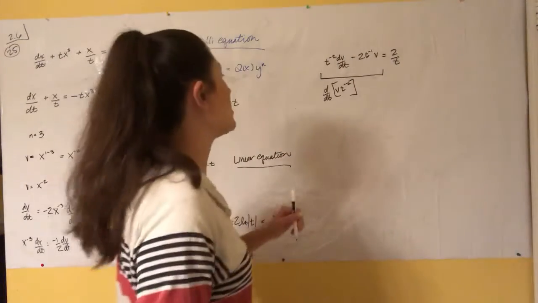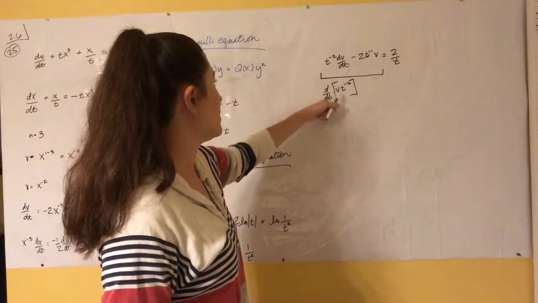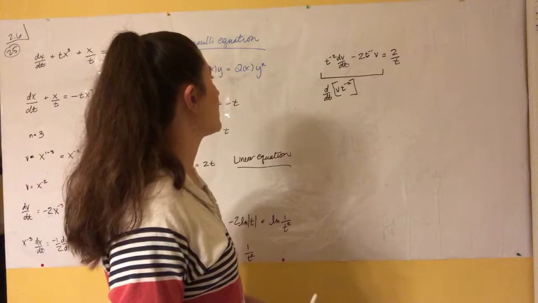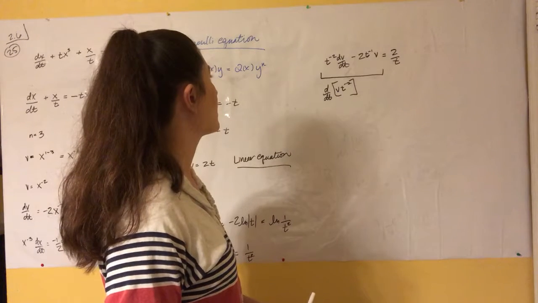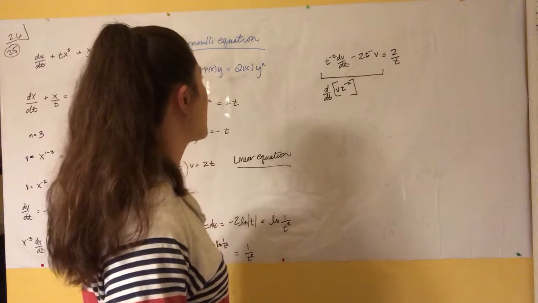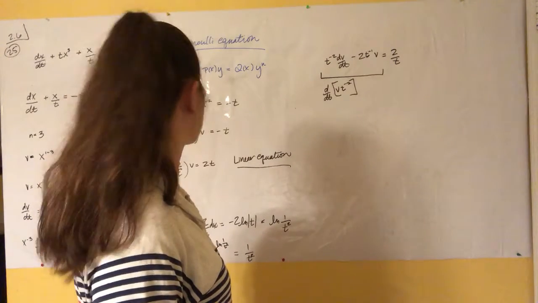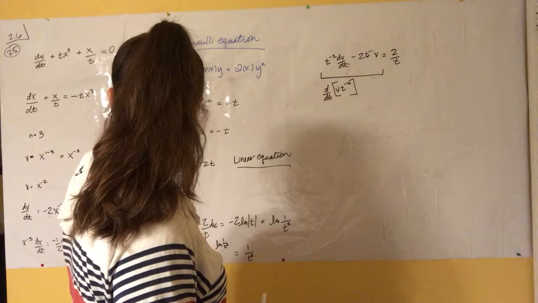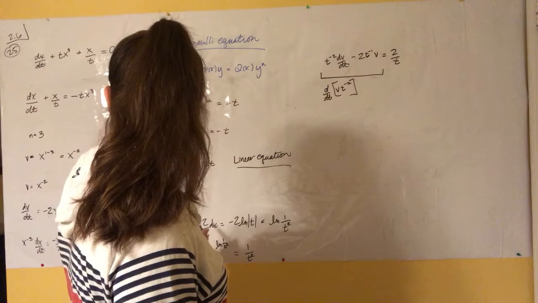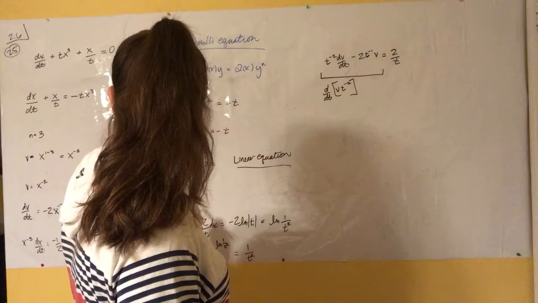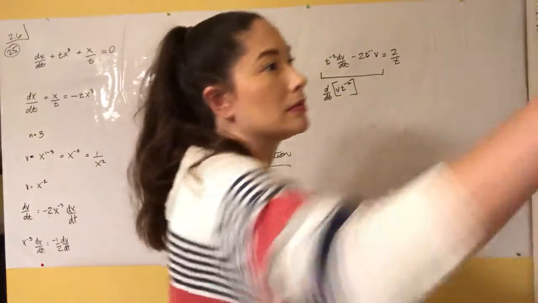If you use the product rule, you can see this turns into that, right? Oh.